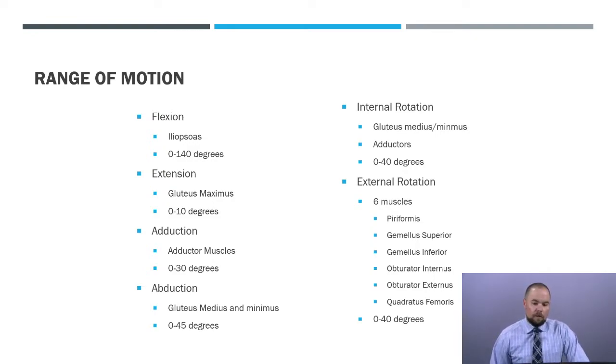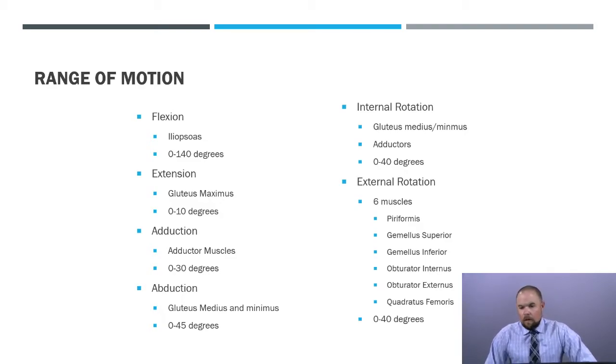Adduction, or to the body, is achieved by the adductor muscle group, which is typically about 0 to 30 degrees. Abduction, or away from the body, would be the glute medius and the minimus, which you normally see about 0 to 45 degrees, and then internal rotation with the gluteal medius and minimus, and the adductors about 0 to 40 degrees.